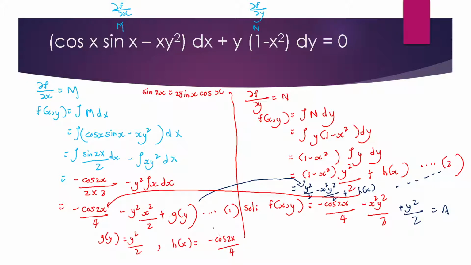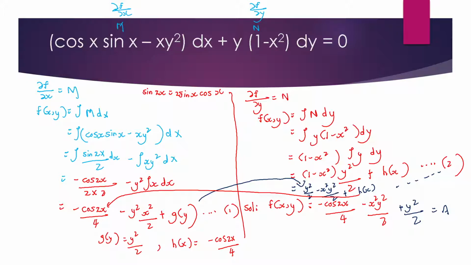So the solution f(x,y) is either obtained from equation 1 or 2. If you start from equation 1, locate g(y) in equation 2. If you start from equation 2, locate your h(x) in equation 1. Or you can combine equations 1 and 2 by taking the new term only, don't add up.